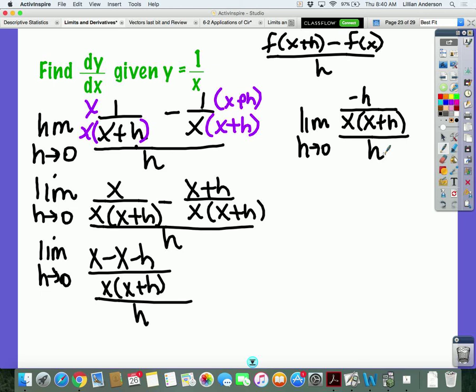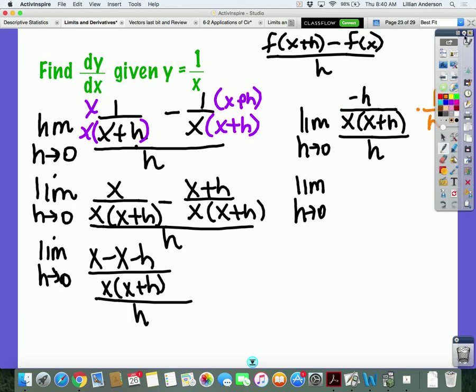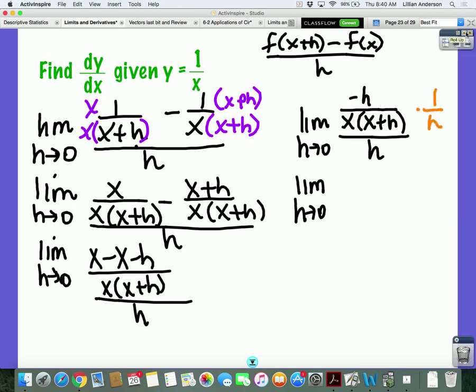All right. I have a fraction within a fraction, which means that I'm going to multiply by the reciprocal. When I do that, I'm basically multiplying this whole top fraction by 1 over h, which will turn into negative h all over h times x times x plus h.